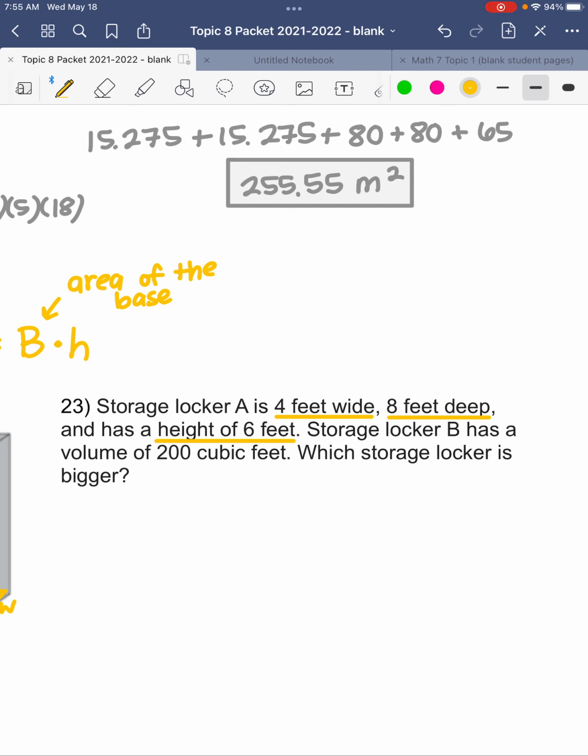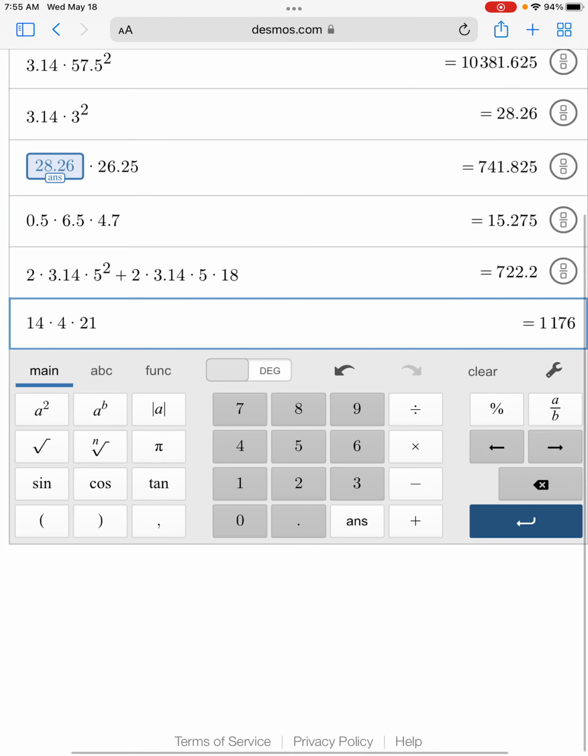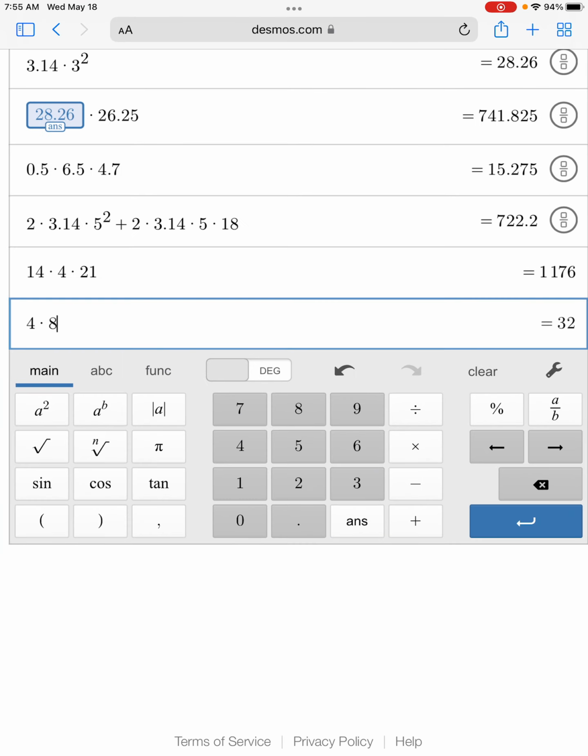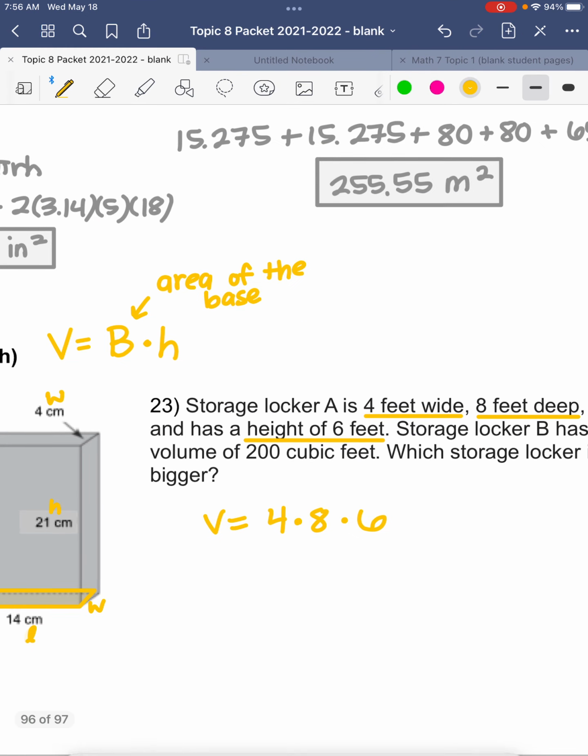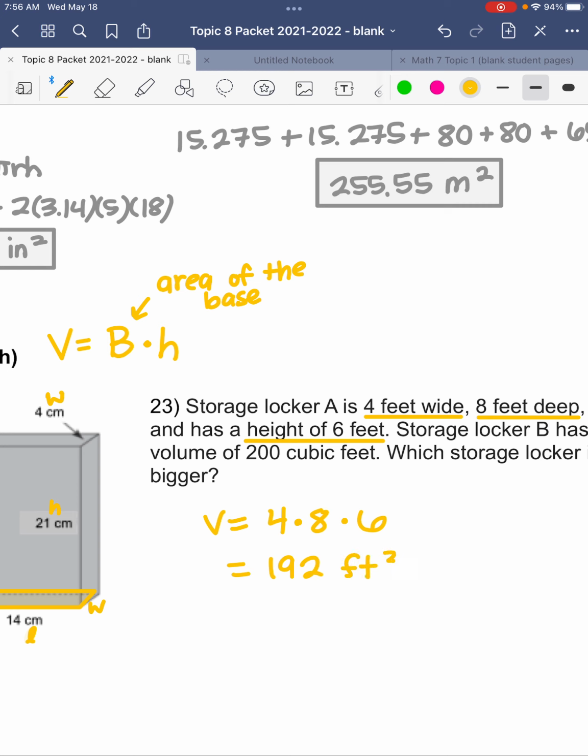It's a rectangular prism, right? So volume for storage locker A is going to be 4 times 8 times 6. And when I put that into my calculator, 4 times 8 times 6, I get 192. So 192 cubic feet. Okay? So this right here is for storage locker A.